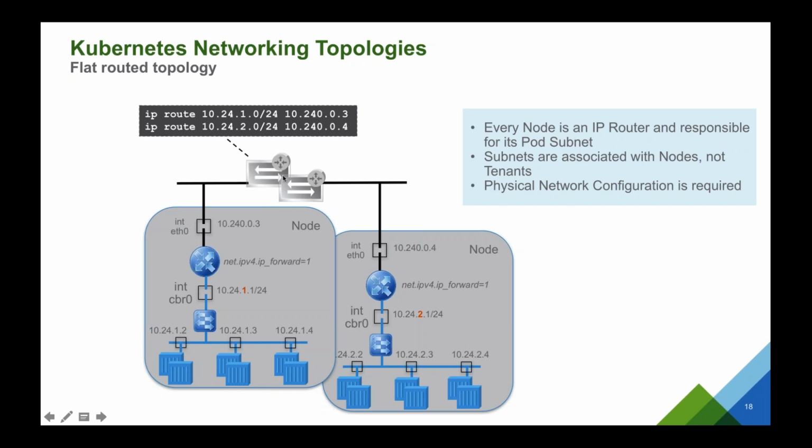And if you just use physical gear, then you have to enter static routes into each and every one of those physical switches to point to the right node. And this is one of the biggest problems of this implementation, which is you need to somehow automate the route creation, or you need to accept the fact that you need to ask a network administrator to create those routes. Of course, in a lot of cases, this routing addition would be automated.